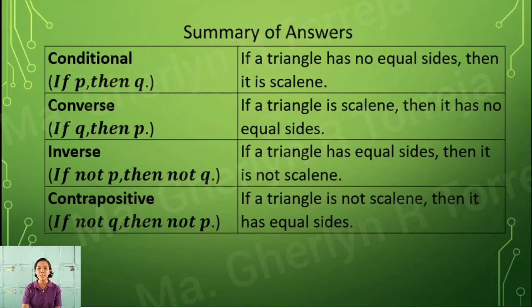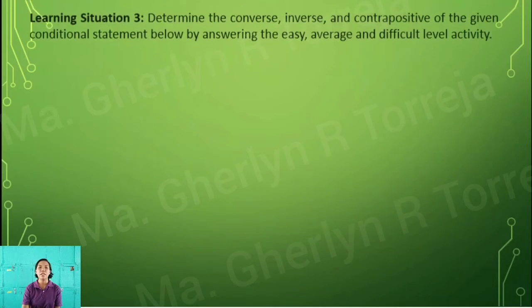And for the contrapositive, if a triangle is not scalene, then it has equal sides. So, kapag nag-interchange po tayo ng hypothesis at conclusion, be sure po na gagamitin natin yung correct syntax or yung arrangement ng ating antecedent at yung noun na nagde-denote sa antecedent. Malinaw na po ba? Okay, so let us now proceed.